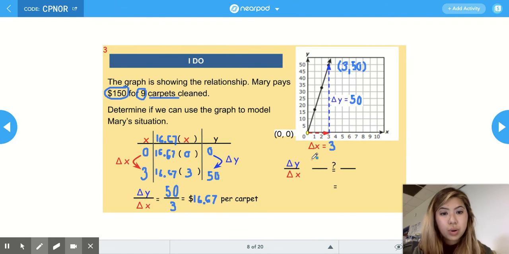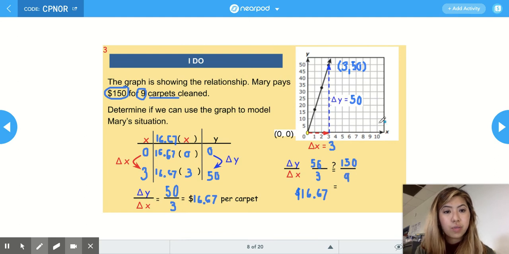So now we're going to try to figure out if Mary's rate is equivalent to the rate from the graph. So we have 50 over 3, and we know that is equal to $16.67 per carpet. And then we have that Mary paid $150 for 9 carpets.